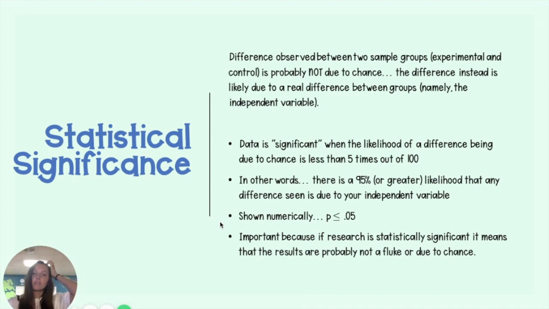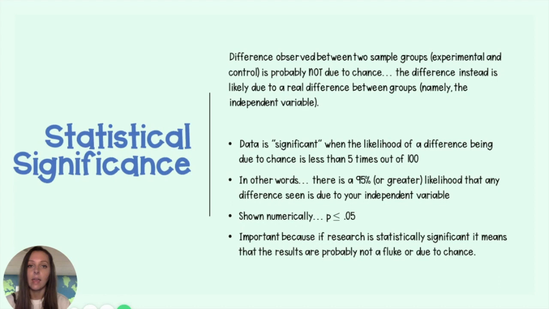So we have to figure out if something is statistically significant. So we want to make sure that our differences between our two groups, our control group and our sample group, are not due to chance. We don't want any differences due to chance. We want the differences to be due to the independent variable.